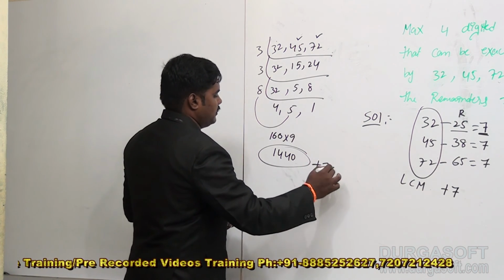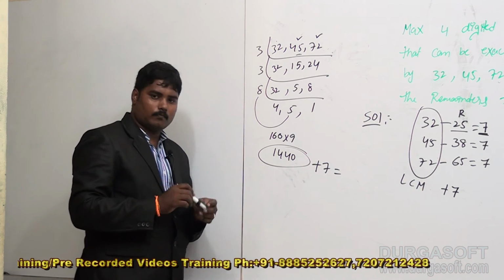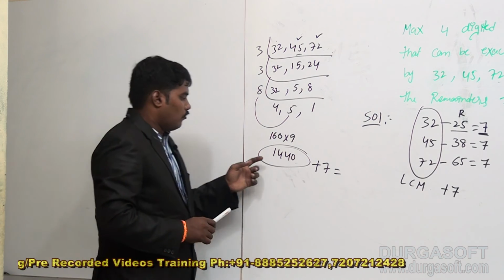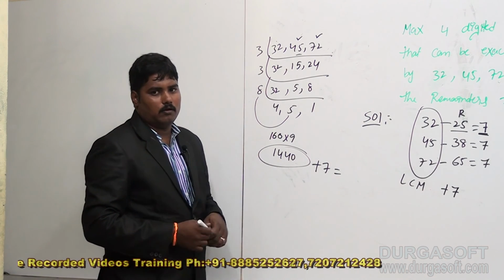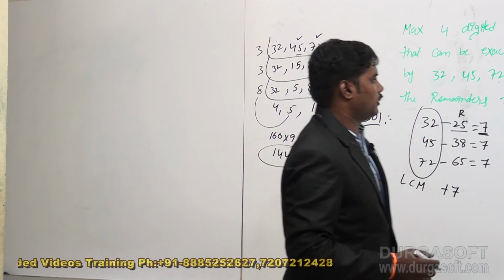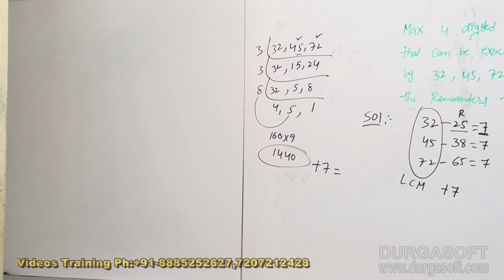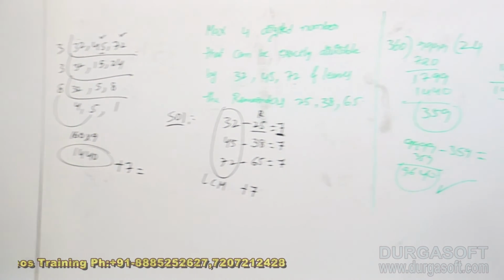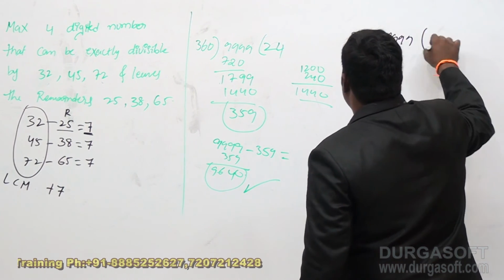Then you can add 7: 1440 plus 7. Divide 9999 by 1447.